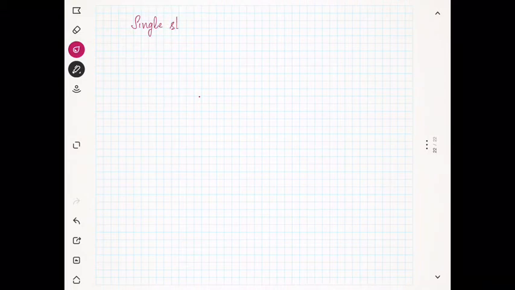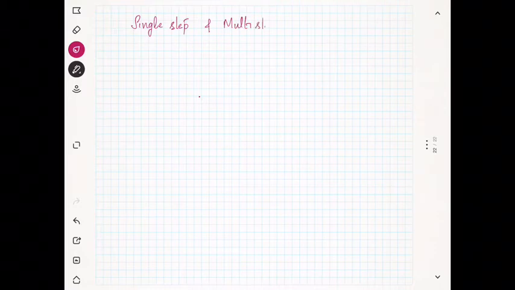So previously we have seen different ways to solve the differential equation, and we can basically classify the methods into two, that is the single step method and multi-step method, right? So single step and multi-step. What do you mean by single step?